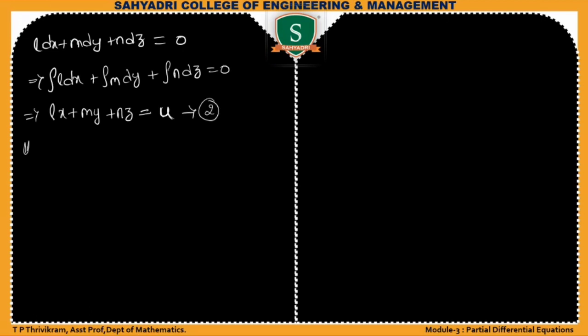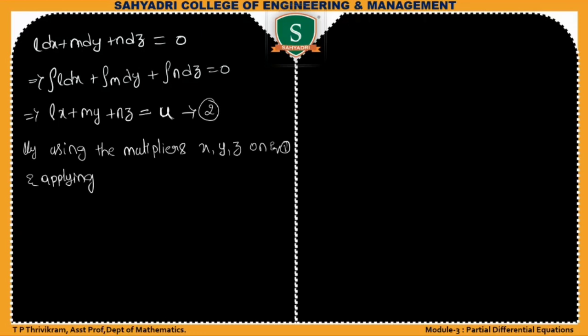Similarly, using the multipliers x comma y comma z on equation 1 and applying ratio and proportion, we'll get it as: multiply xyz to all the numerators and add.